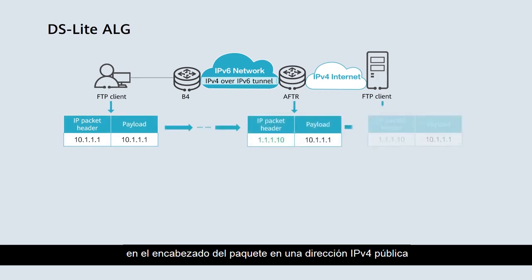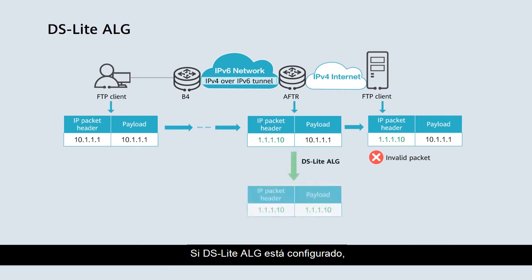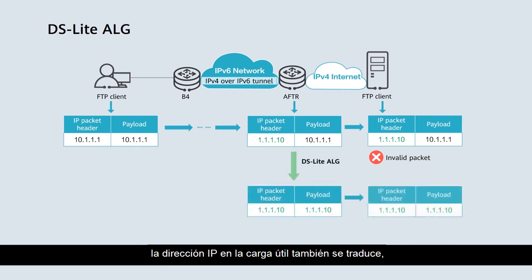IPv4 address in the packet header into a public IPv4 address, but does not translate the IP address in the payload. After receiving the packet, the FTP server regards it as an invalid packet and cannot communicate with the FTP client. If DS Lite ALG is configured, the IP address in the payload is also translated, and the two parties can then communicate.